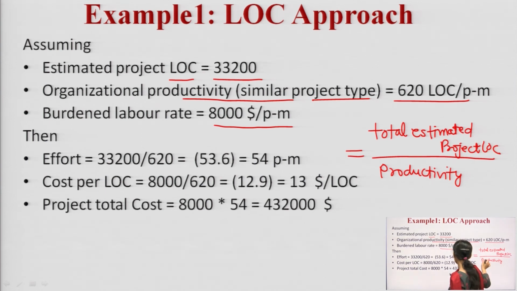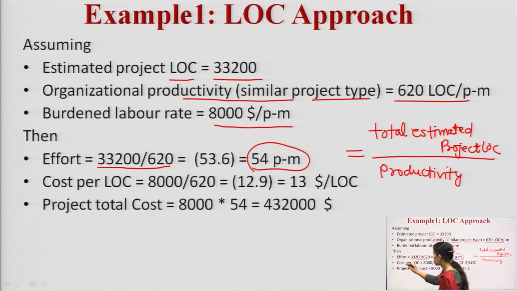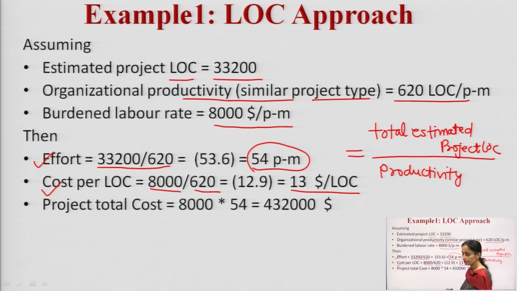According to this formula it comes out to be 33,200 divided by 620, that is 53.6, means 54 persons are required per month. Then the next parameter, cost per LOC, will be calculated by dividing the labor rate by my productivity. So, it will be around $13 per LOC.